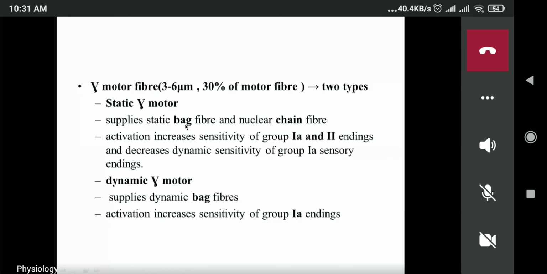Bags are two types: dynamic bag, static bag. Both are supplied by the static. When these gamma motors are active, then 1A and 2, both endings are very sensitive. And only dynamic motor fiber, when the dynamic bag fibers are contracted, at that time only 1A endings are stimulated.